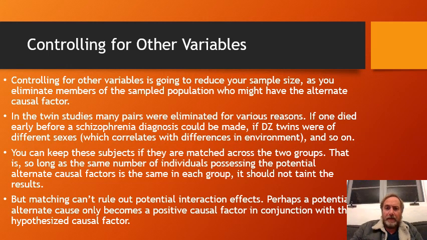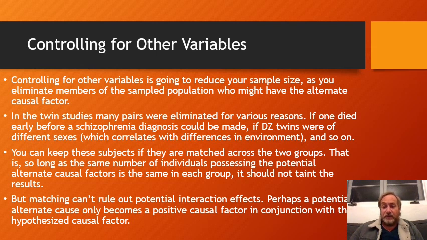They also removed dizygotic twins if they were of different sexes or genders, because men and women get treated differently in this world, and the point of the twins was to have them as similar as possible. So they left those out as well. Sample size getting smaller and smaller. You want to keep your sample size bigger instead of controlling by eliminating subjects from the study.